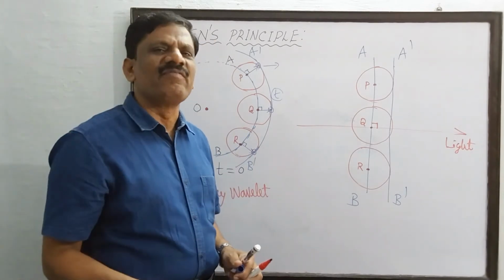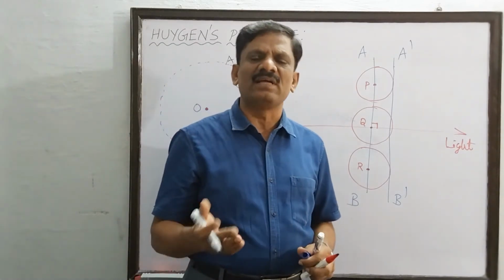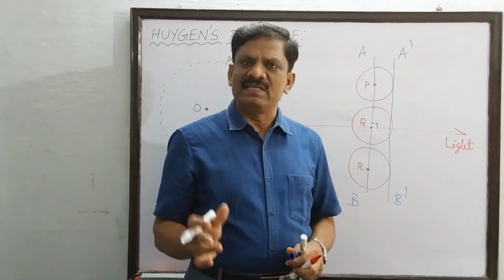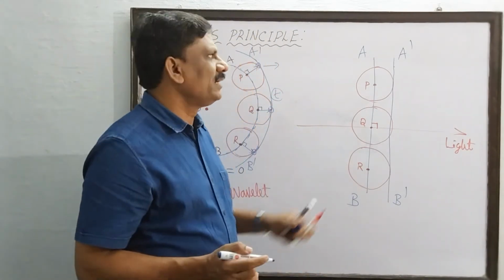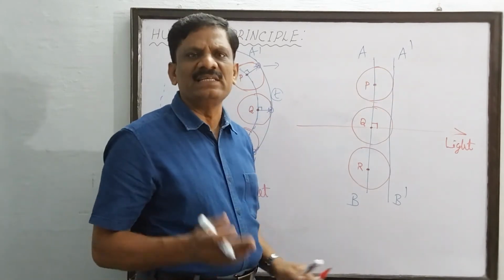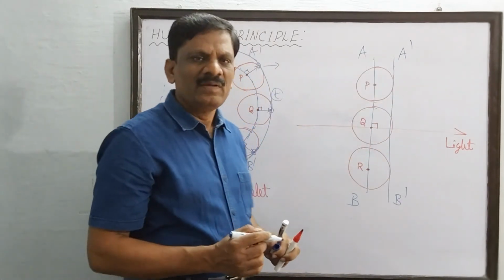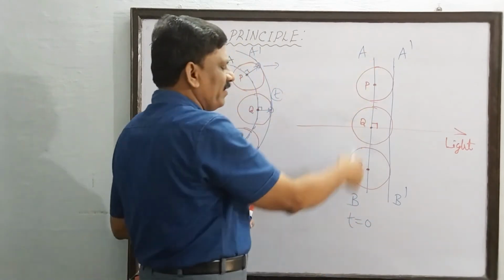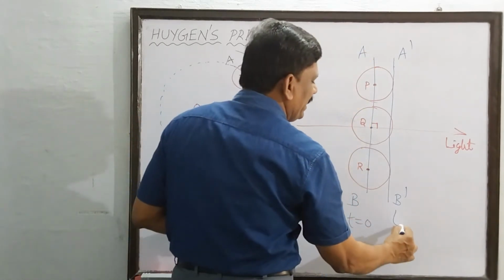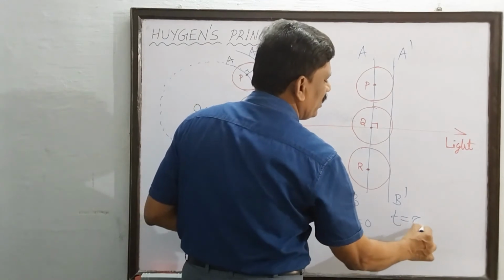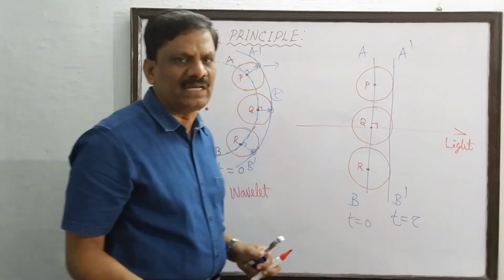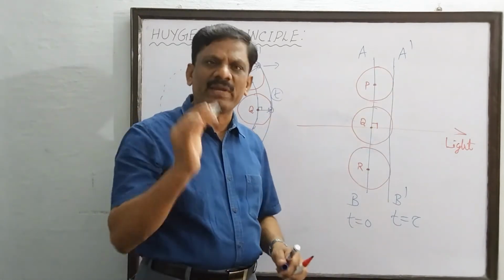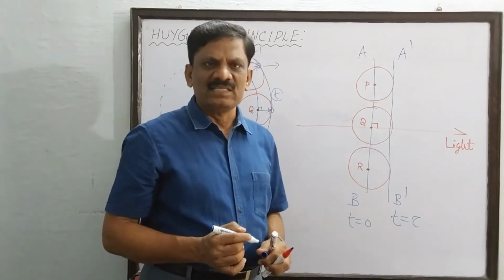So the secondary wavefront or the new wavefront formed is always an envelope of the secondary wavelets. Now can you see that the new wavefront A dash B dash is a little away from AB? Because at a time t equal to 0, the given wavefront is AB. At some other time t equal to tau, the position of the new wavefront can be located with the help of the Huygens principle.